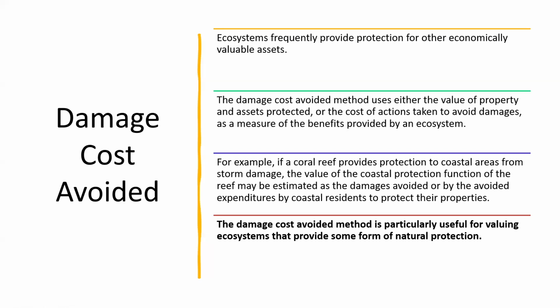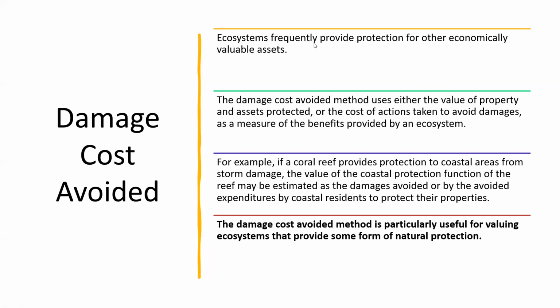Okay, one of the things we know is that our ecosystems, as it says up here, provide protection for other economically valuable assets. What the damage cost avoided does, it either uses the value of property and assets protected by the ecosystem, or the cost of actions taken to avoid the damage.